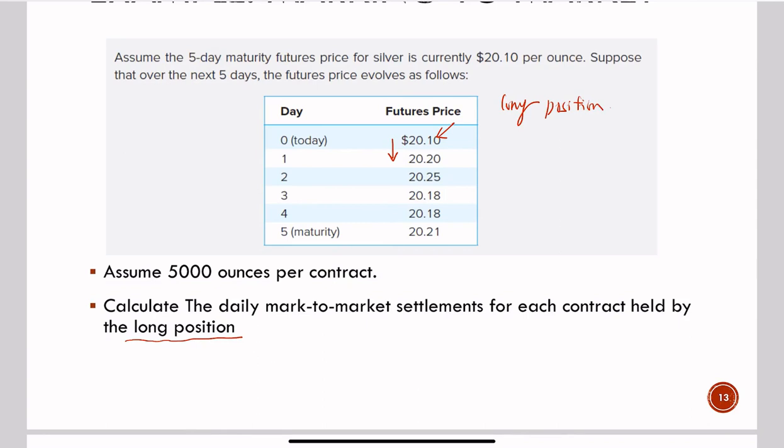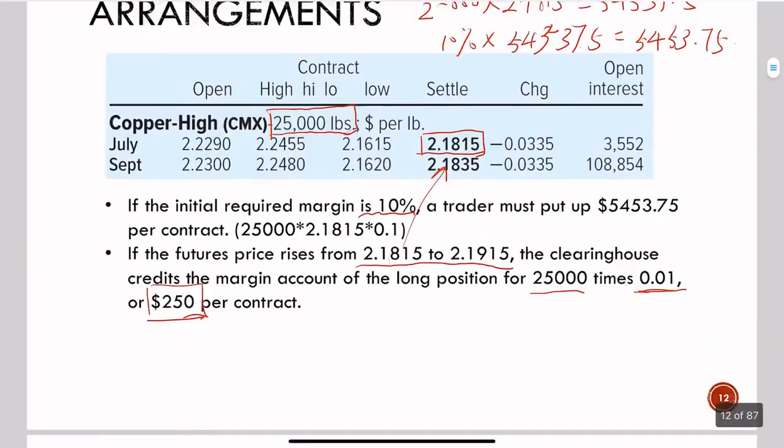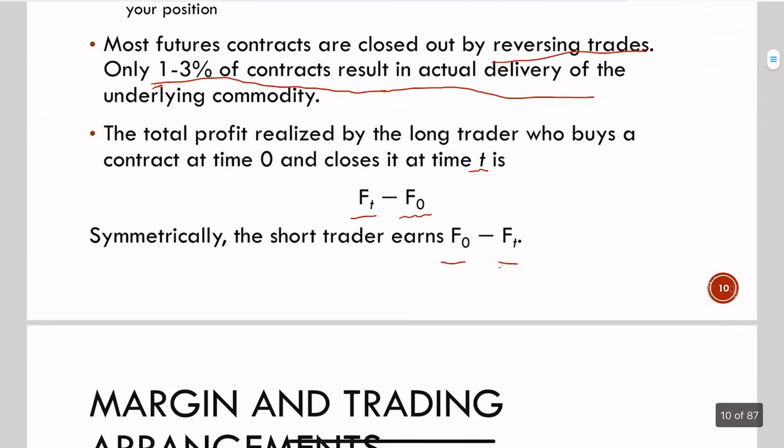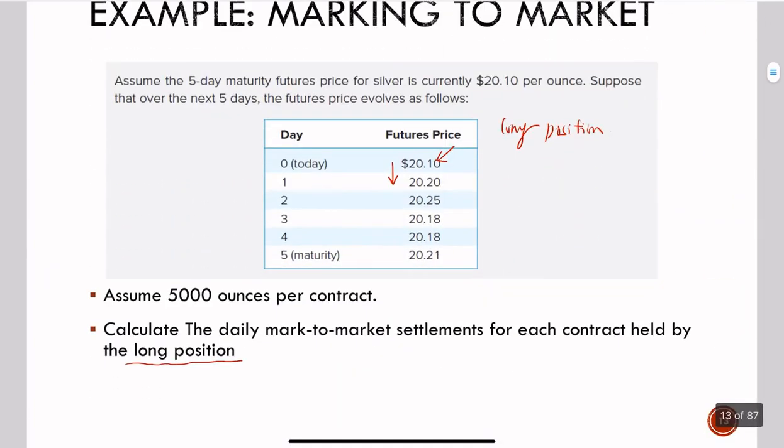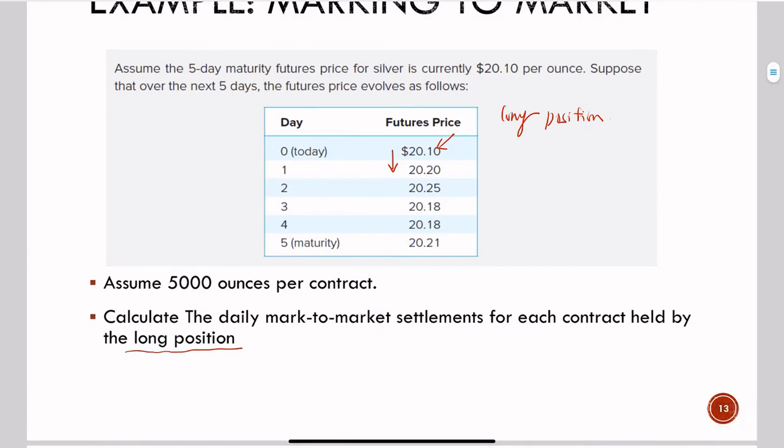Remember that if you have a long position in the futures contract, then the profit is given by FT minus F0, right? So essentially, after the first day, the profit is 20.20 minus 20.10.